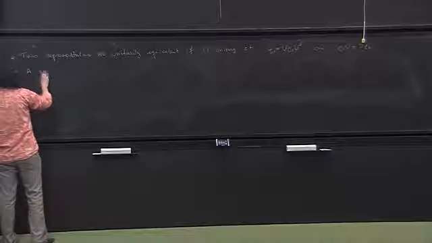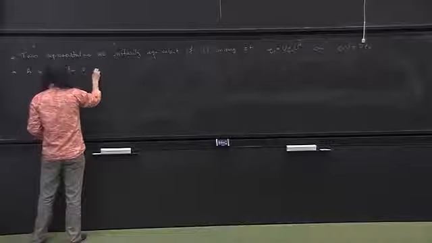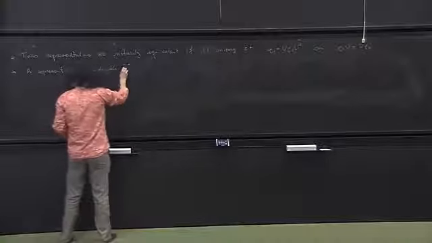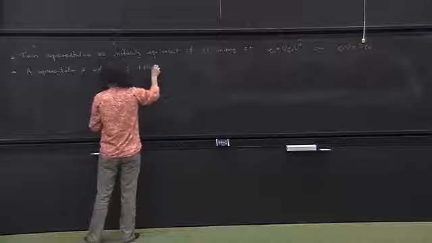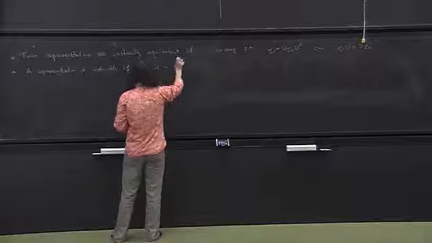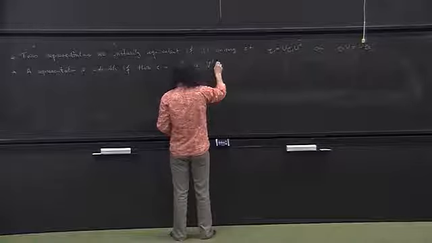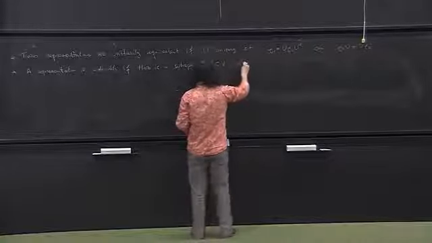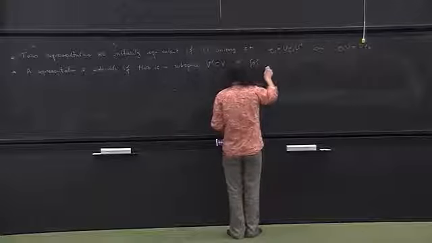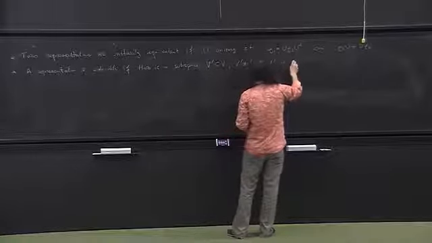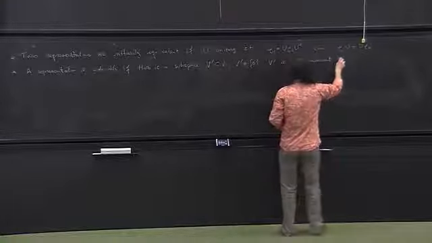So a representation is reducible if there is a non-trivial subspace V prime in V such that V prime is left invariant by rho.